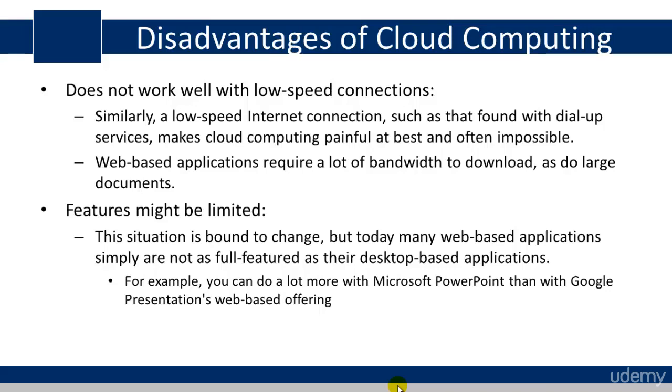Or in case you have a very low speed internet connection, you can take two internet connections and have a backup internet connection, by which you can resolve this problem. So one of the disadvantages of cloud computing is, yes, that low speed can cause a problem accessing the application. But if you have a redundant internet connection, then you will not have these problems.